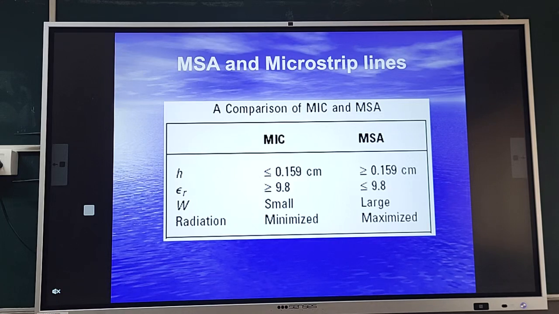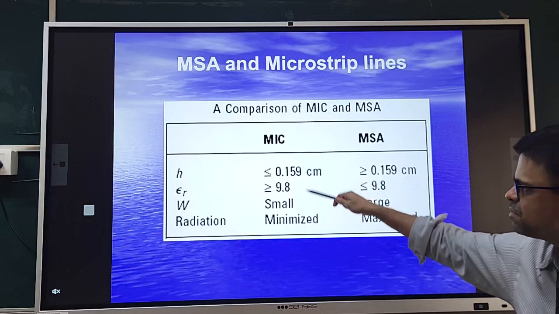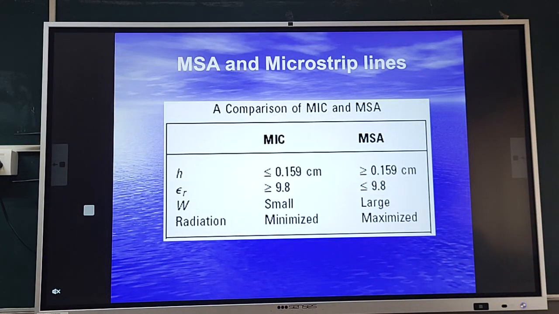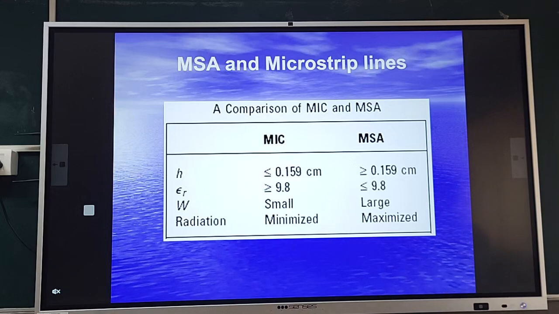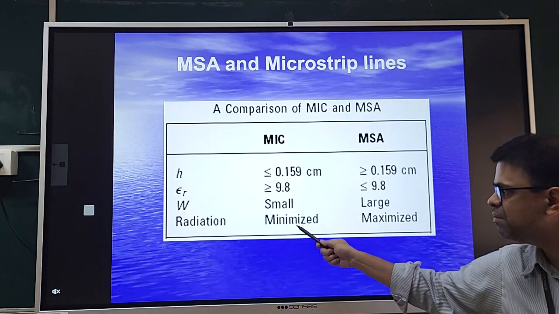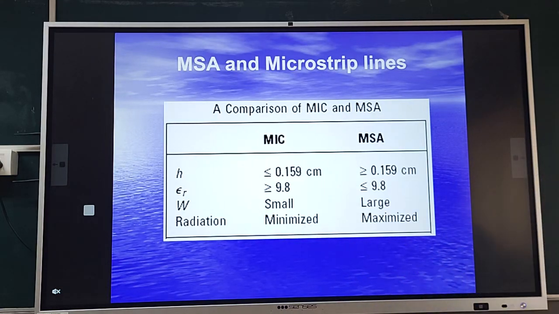They are planar circuits where the energy should be confined. So there, these parameters should be optimized so that energy is confined in the structure. Whereas for antennas, the thickness should be made large enough and the dielectric constant small enough so that the radiation is enhanced. You can see radiation is minimized in one case, radiation is maximized in the other.